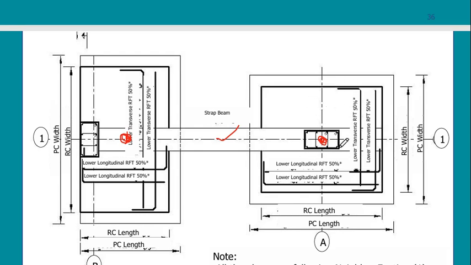I will design two footings based on these new values, and I will put only lower reinforcement. If you are required to draw something like this and you put an upper reinforcement, it means that you don't understand that this is just a normal isolated footing.